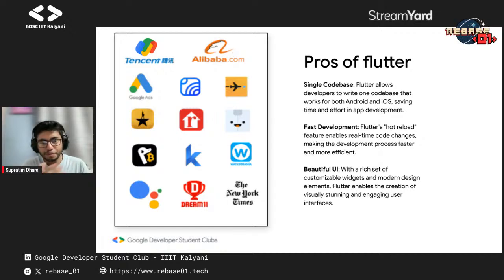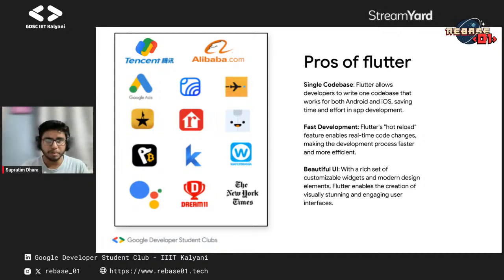So if you are a lat code developer, or you just don't want to write different codes for different ecosystems, Flutter can be your choice. It allows you to write one code base to run your application on any system. And these are some of the apps that are built using Flutter.